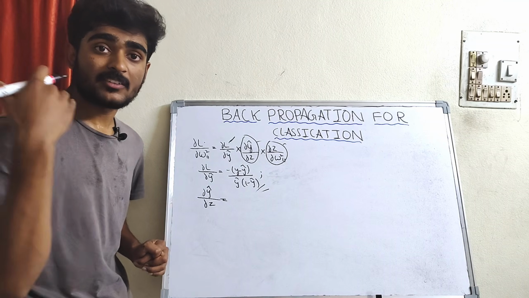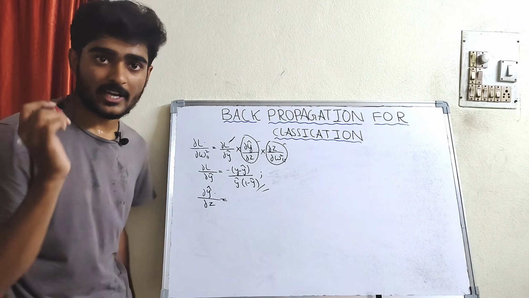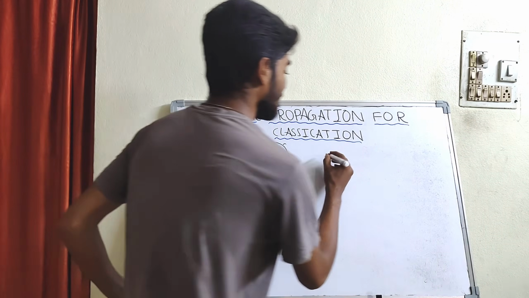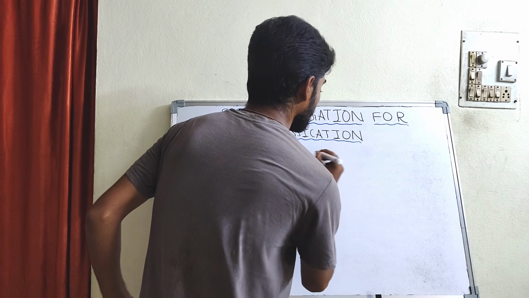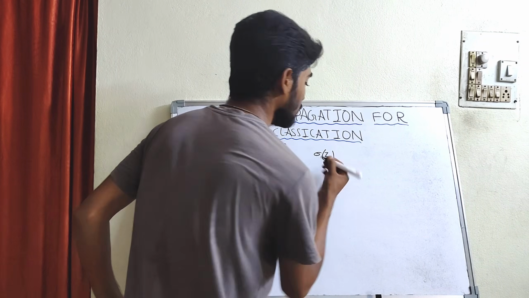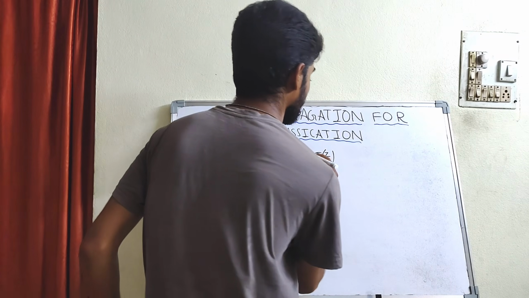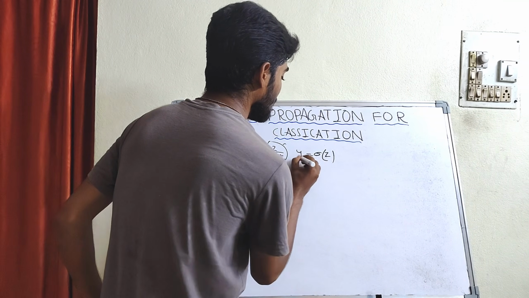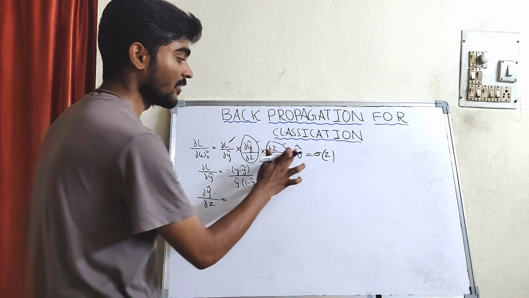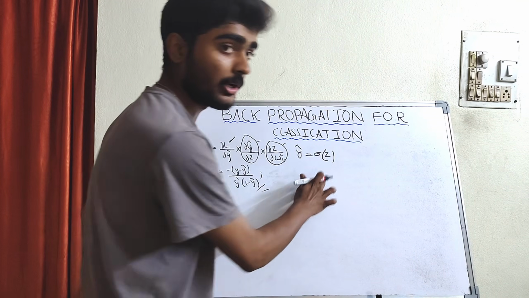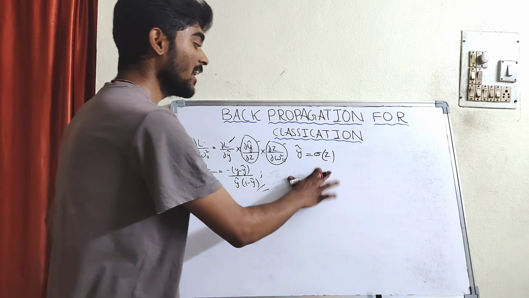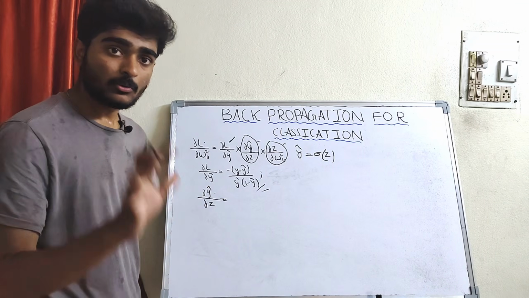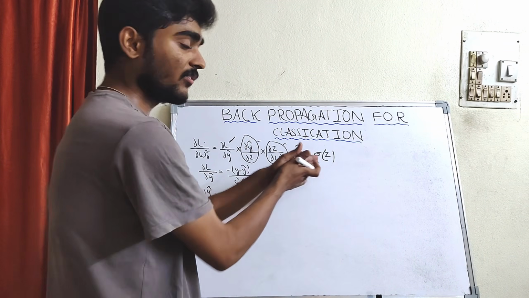The output of that sigmoid activation function is y hat. Means y hat is nothing but sigmoid of z, so indirectly you are finding the derivative of sigmoid of z.